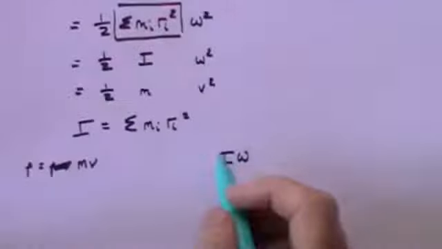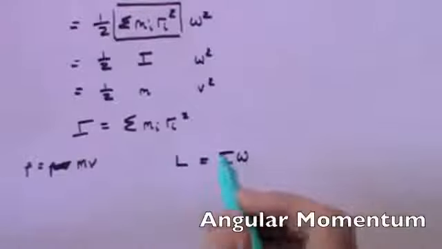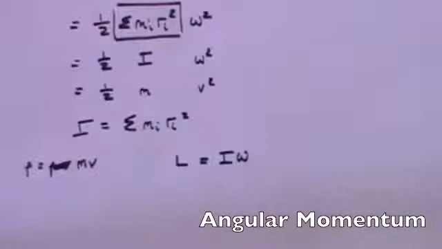We said it's the moment of inertia. And velocity has an equivalent. It's the angular velocity, omega. And that is what's called the angular momentum. And that's given the letter L. And just like ordinary momentum, angular momentum is also conserved.